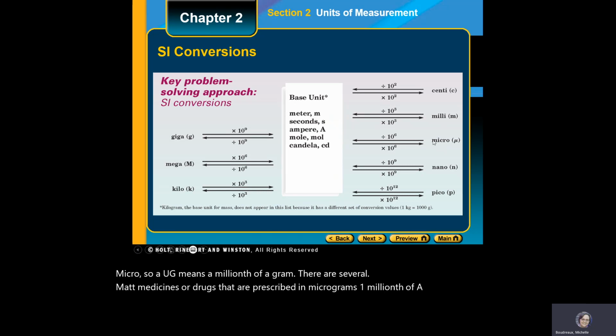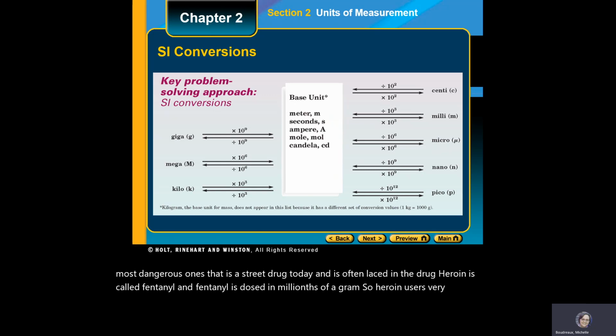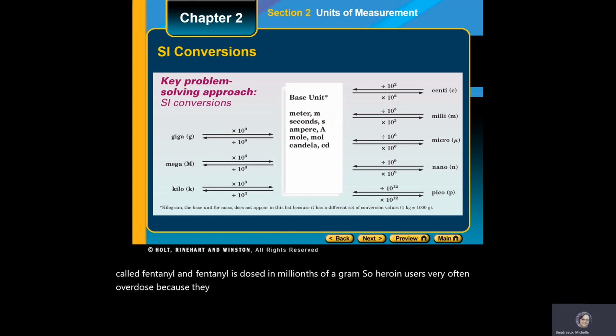One of the most dangerous ones that is a street drug today and is often laced in the drug heroin is called fentanyl. And fentanyl is dosed in millionths of a gram. So heroin users very often overdose because they can't know how many micrograms they're getting, and a small error is the difference between life and death.